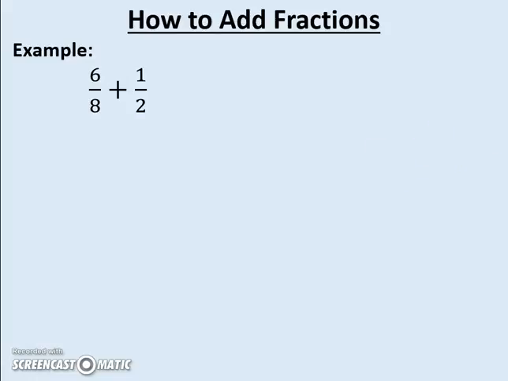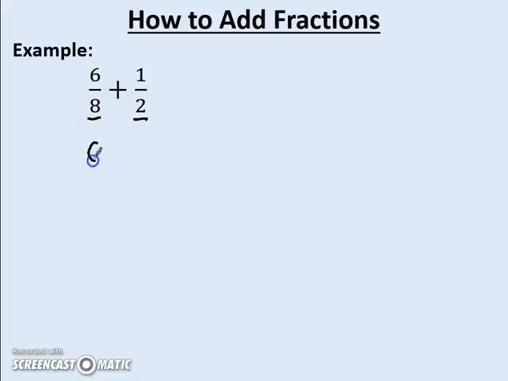So let's look at an example of how to add fractions. As you can see in this example, we have 6/8 plus 1/2. These are two different denominators. So step one is to get common denominators. The least common multiple of 2 and 8 is 8.